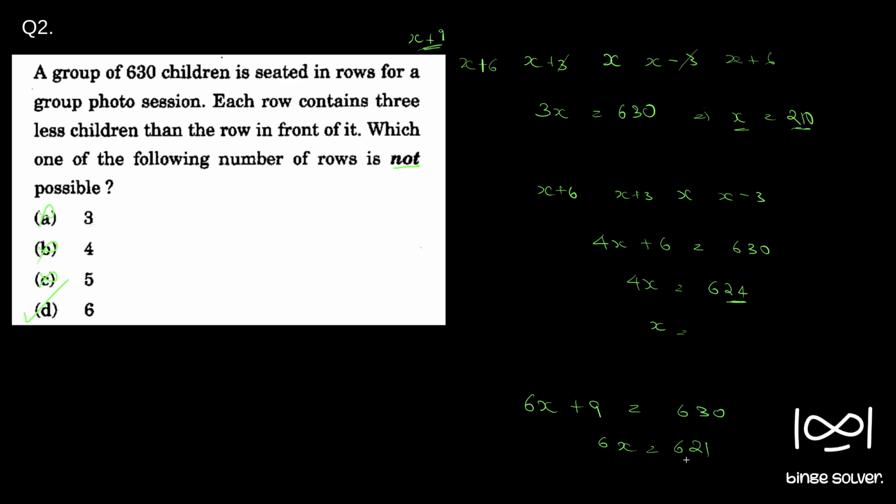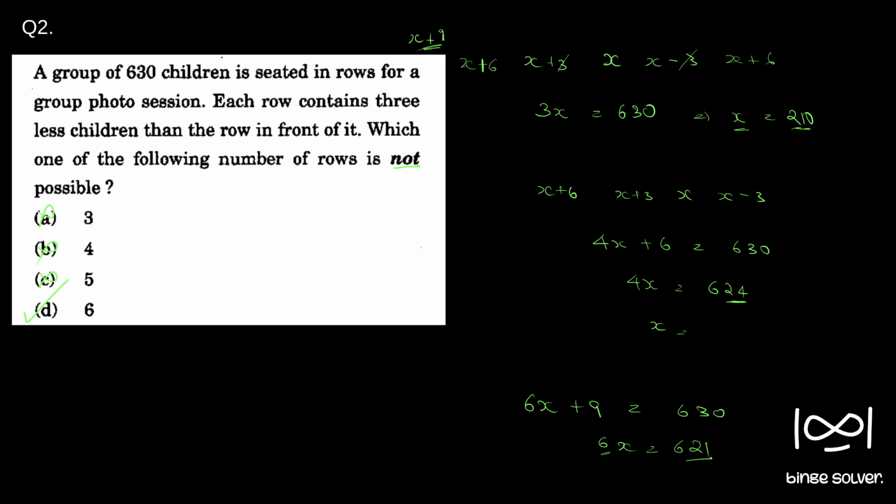So as you can see, to find a whole number x, 621 should be divisible by 6. To check divisibility by 6, we just need to check whether this number is divisible by both 2 and 3. As you can see, it is not divisible by 2, so it will not be divisible by 6. So this is the right answer. This is the first method. You can quickly check using this method from the options.